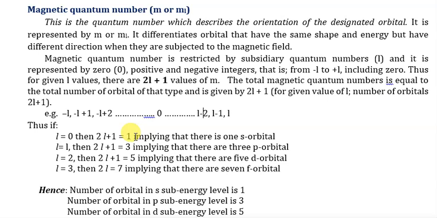If L is equal to 0, then tunakuwa tuna subshell ambayo ni S. Only one S orbital. S ni subshell. Katika subshell yule ndani yake kuna vyumba ambamo electron wanakaa, ndio zinaitwa orbital.